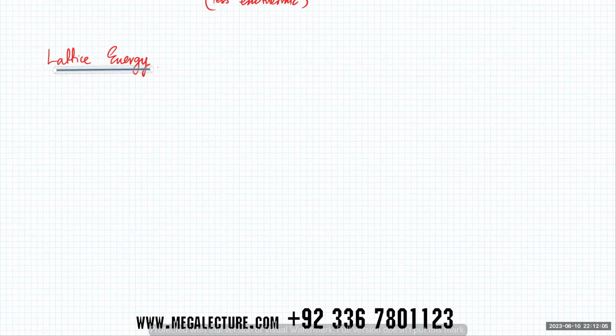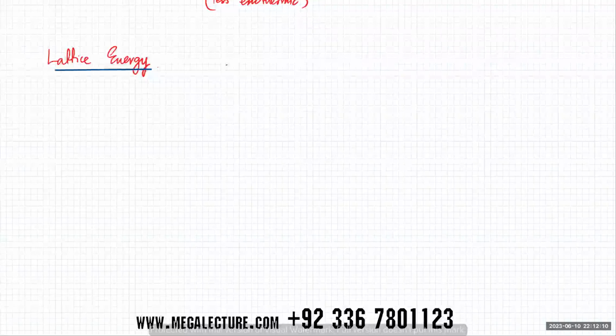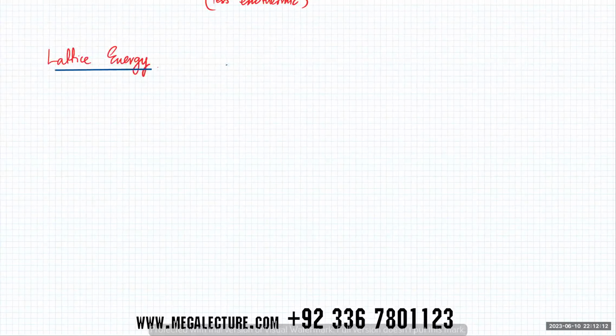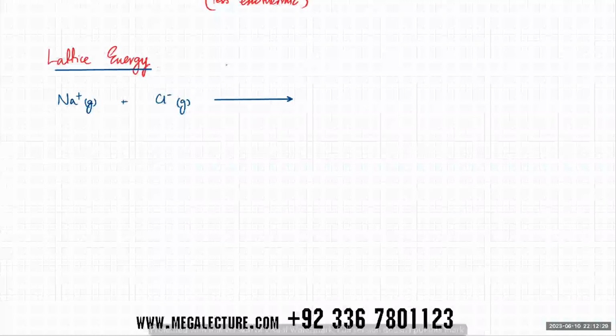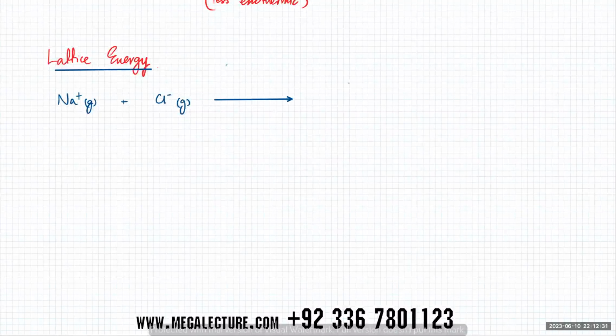Now, lattice energy is basically this reaction: if you have gaseous ions, like Na+1 in the gaseous state and Cl-1 in the gaseous state, together they are going to form NaCl, which is going to be a solid.